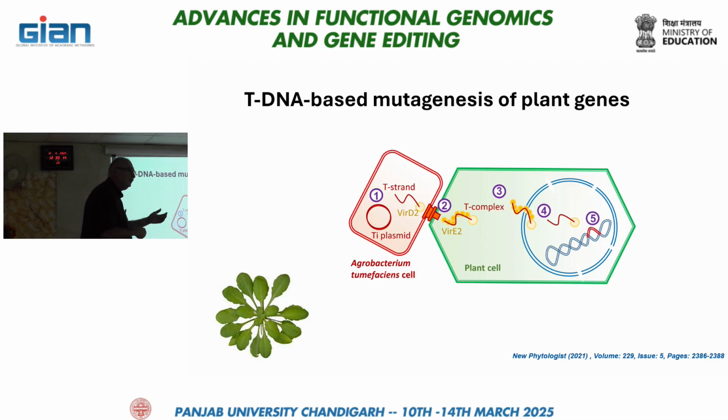And you can order this mutant from the collection at a price that is not very expensive. So in this case, you can use this biological system to obtain a mutant with mutation in one gene.